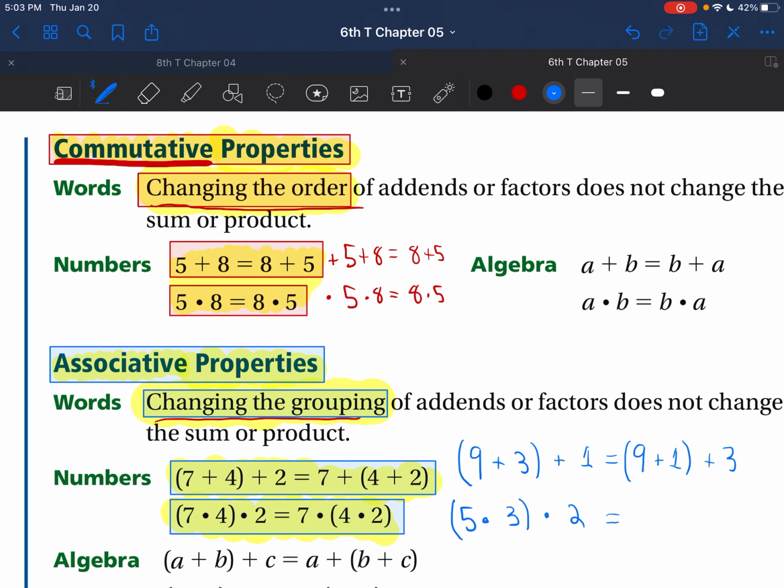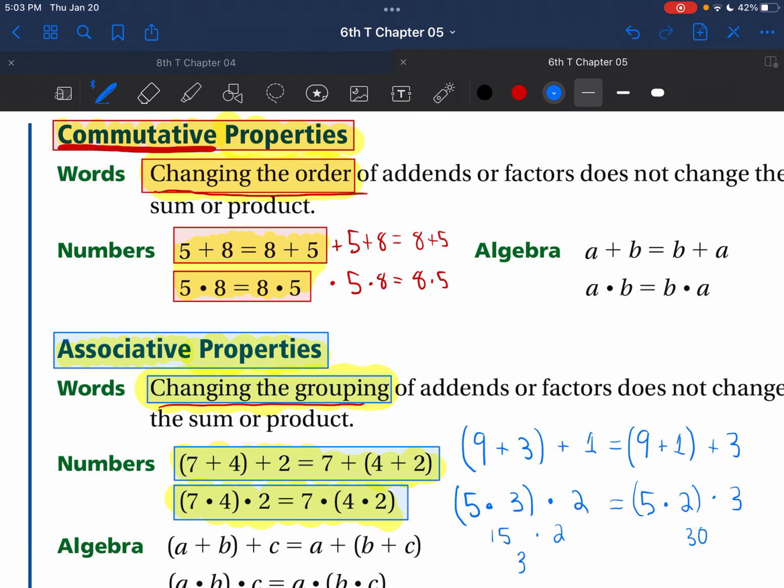So instead of 5 times 3, I'm actually thinking 5 times 2, and then times 3. So 5 times 2 is 10, and 10 times 3 is 30. But if you do this one over here, 5 times 3 is 15, and 15 times 2 is also 30. But some people might not know 15 times 2, but I hope everybody knows 10 times 3 is 30. All right, so using these two properties, we're going to try and answer some of these questions, okay?